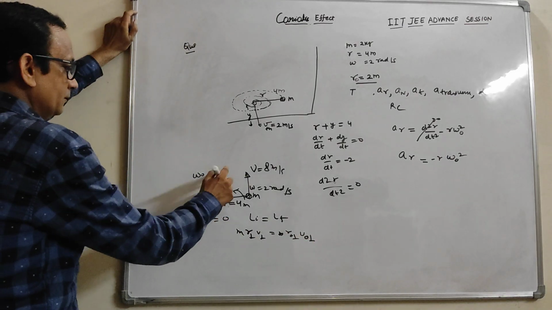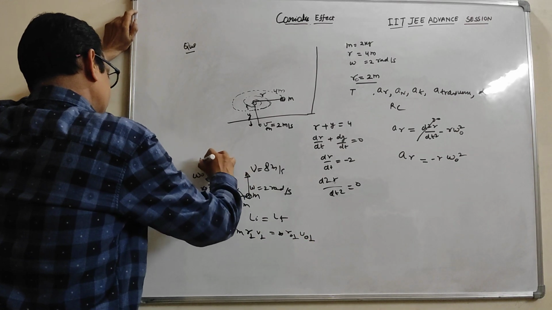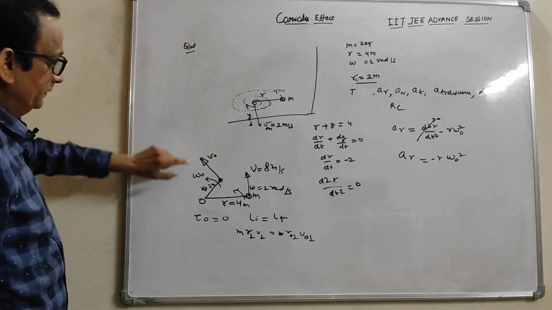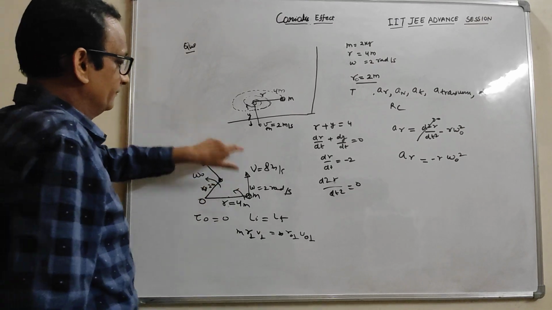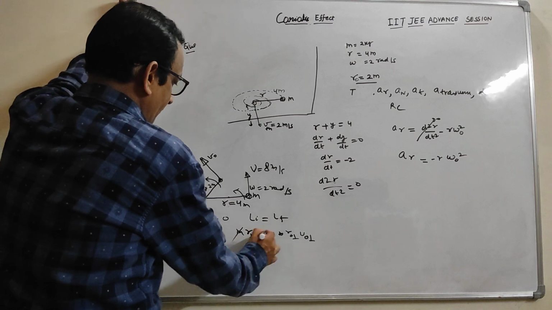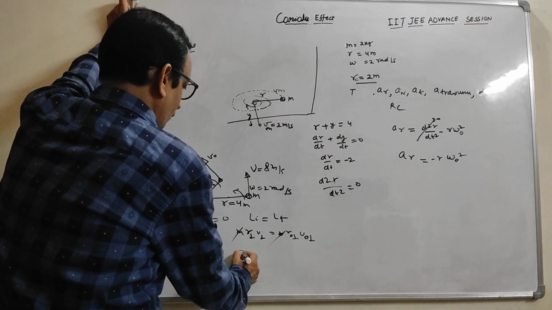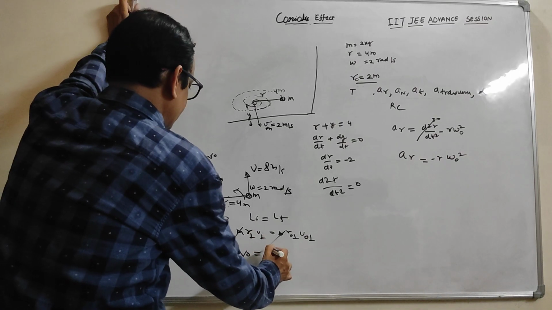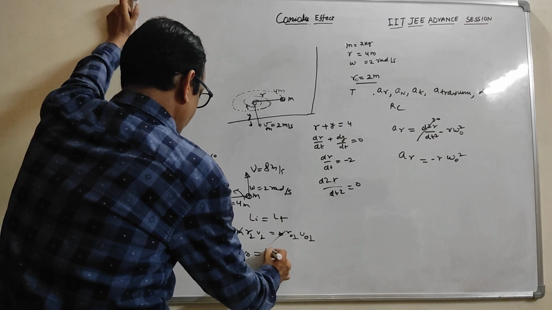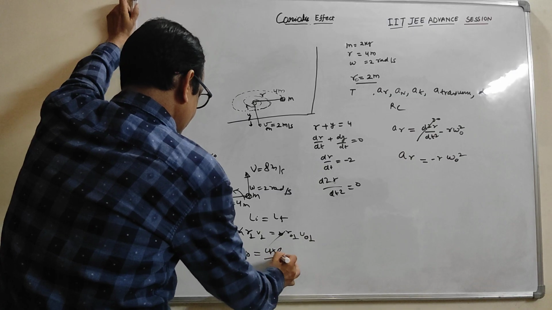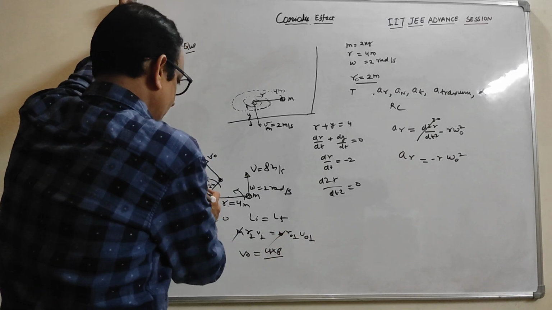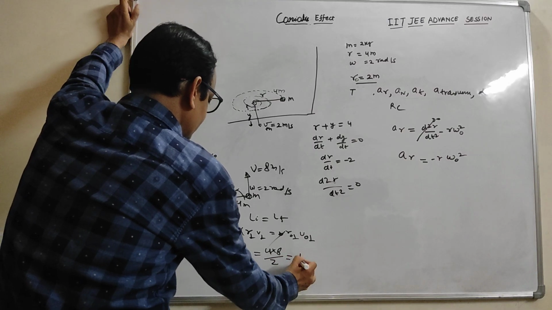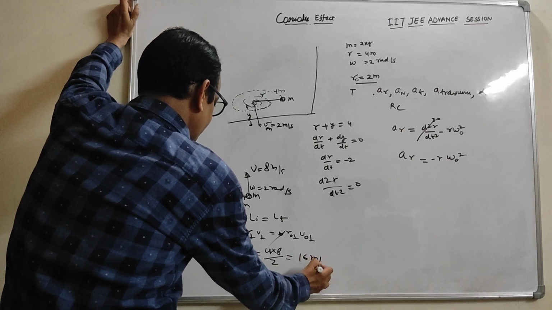This is r naught, so its tangential component will be v naught. This is v. The m cancels out, so v naught times r naught equals r into v, 4 into 8, and r naught is 2, so this becomes 16 meter per second.